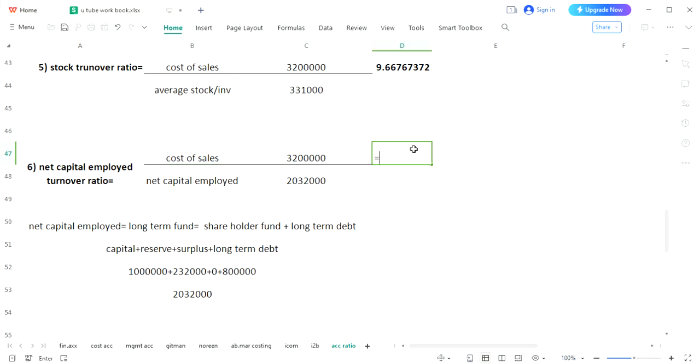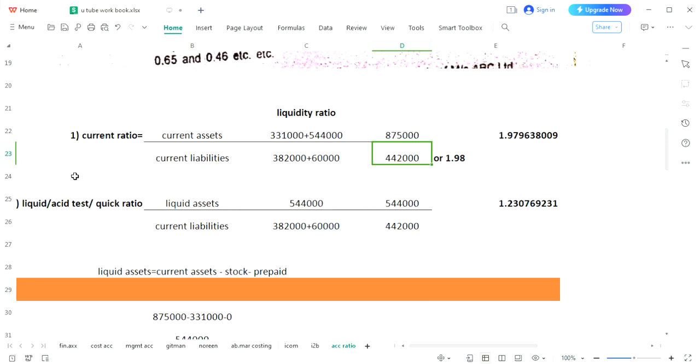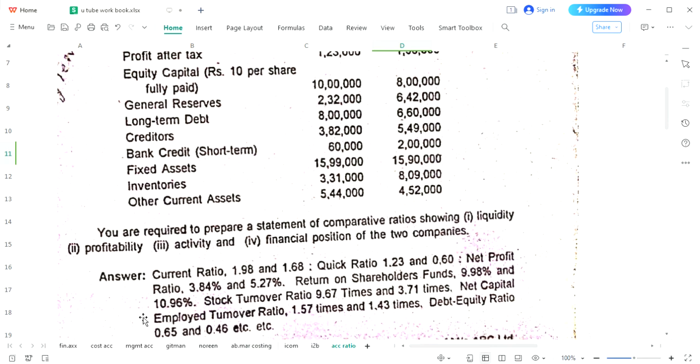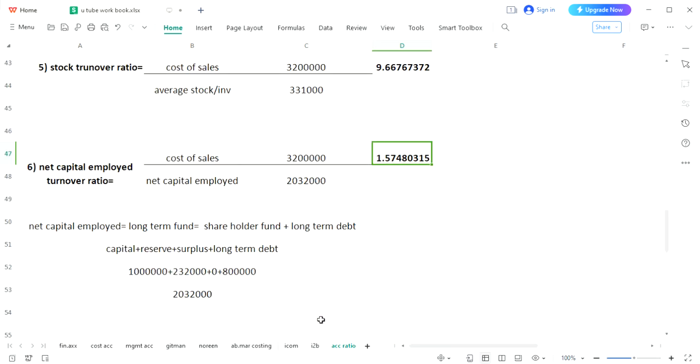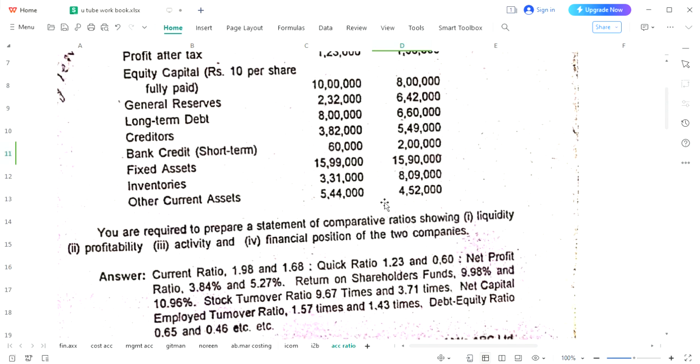So the next step is just to take your cost of sale divided by net capital employed. So we have got 1.57 for net capital employed turnover. Let's get back. This is your net capital employed turnover and the answer is 1.57. In this way, the sixth formula has been completed.